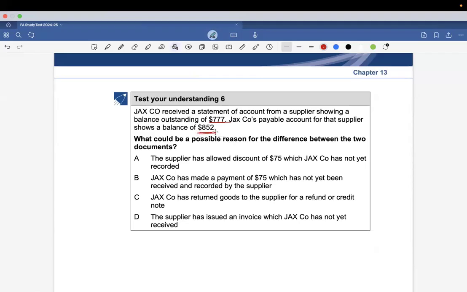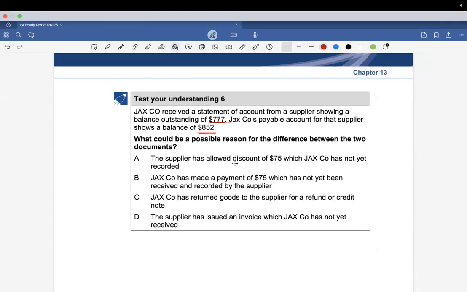So this is the supplier statement balance, and this is the payables ledger balance. They are asking what could be a possible reason for the difference between the two balances. What has caused the difference? We'll read everything line by line and then we will decide.